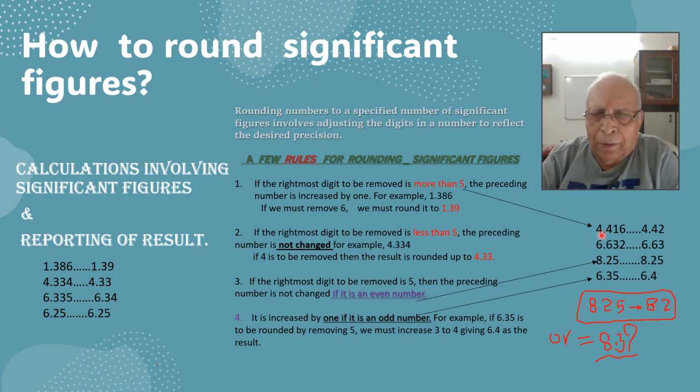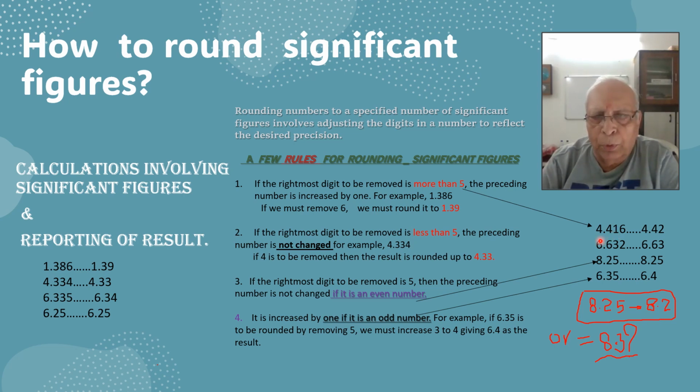The number of significant figures here are 4. And we want to limit it to 3 significant figures. How is this done? The first rule is look at the rightmost digit. If it is more than 5, then you have to remove that number, thereby increasing the preceding digit by 1.